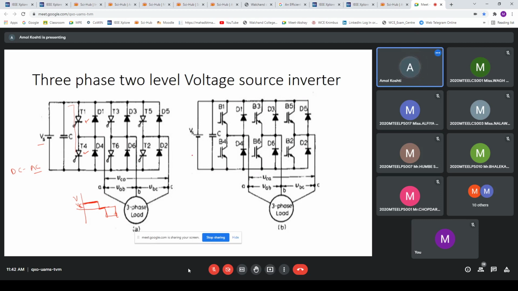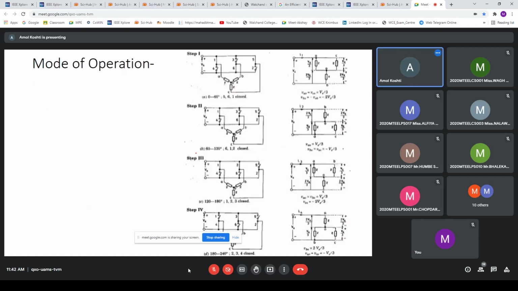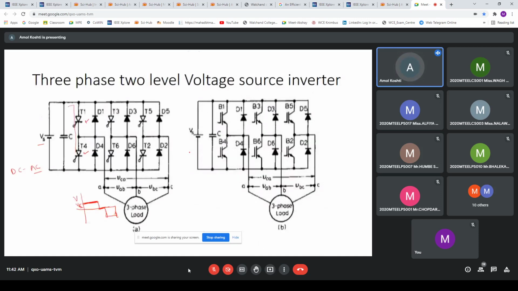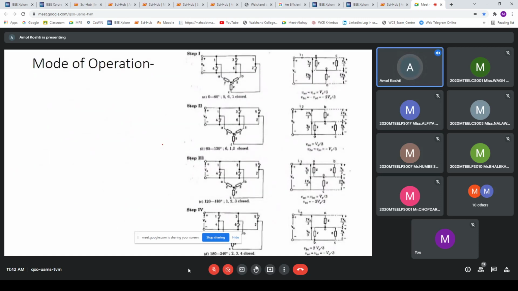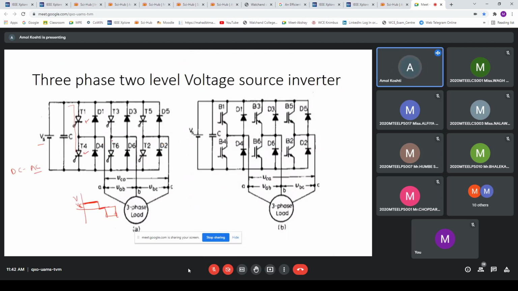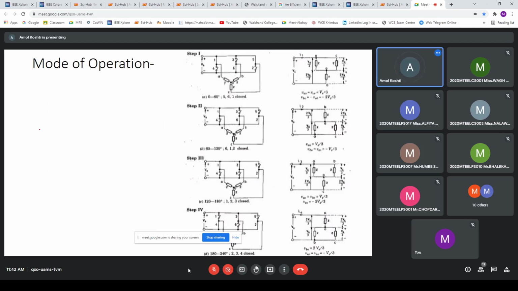Here we'll see how to produce this output. You already know this, still we'll revise it again. Here there is a mode of operation. One cycle is of 360 degrees. We know this. If we take 60 degree intervals, this is 0 degree.